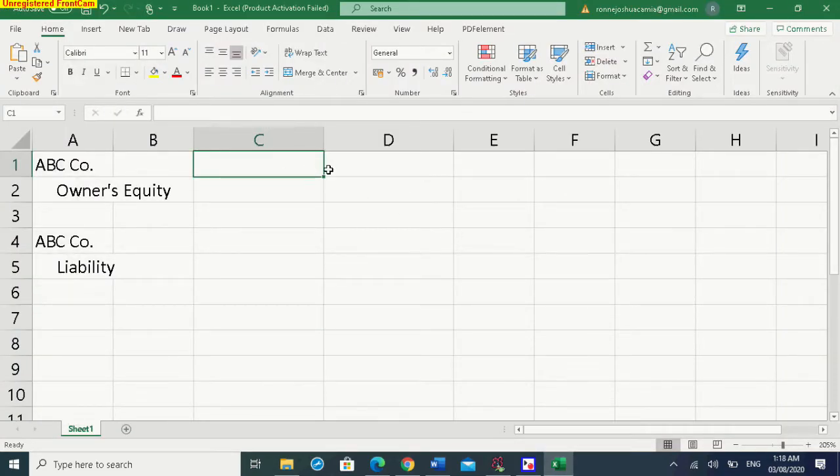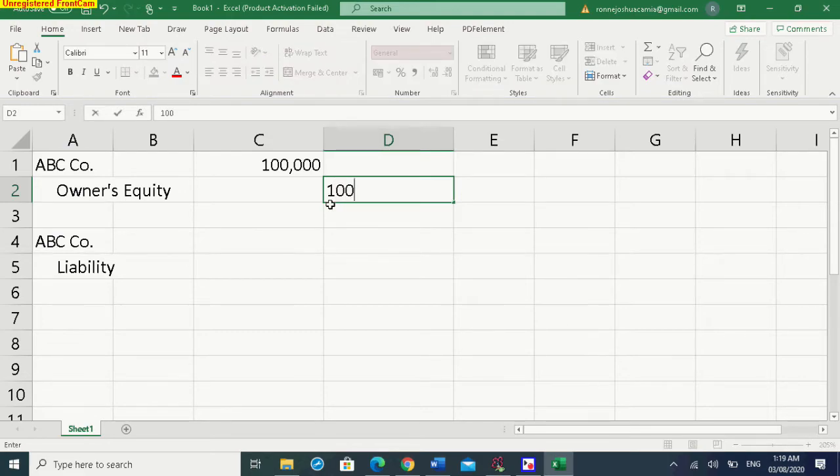Okay, for example, ABC company. To start, the owner wanted to invest 100,000 pesos in ABC company to start it up. Because the owner was the one who invested 100,000 pesos in the company, that's his share in the company, 100,000.